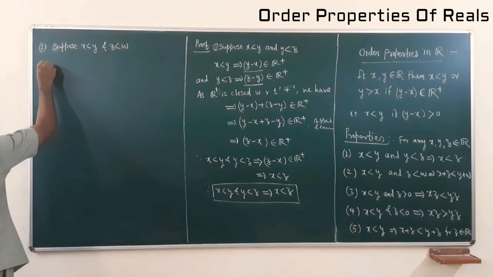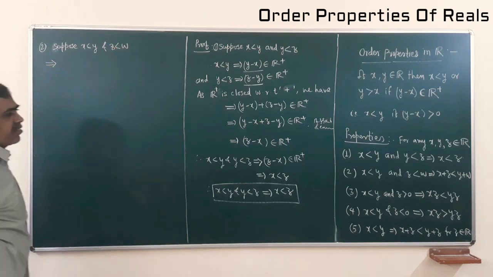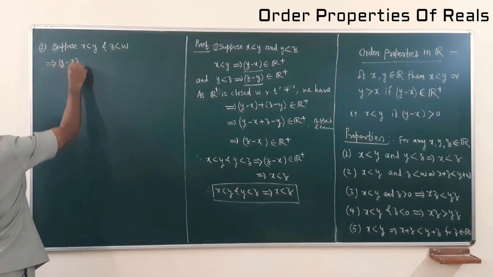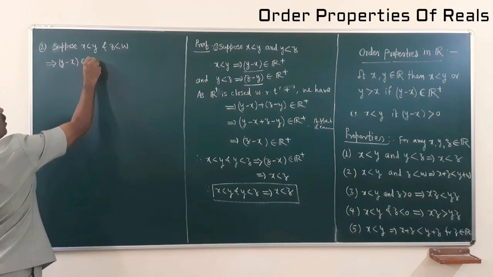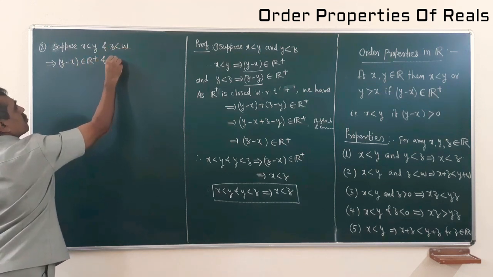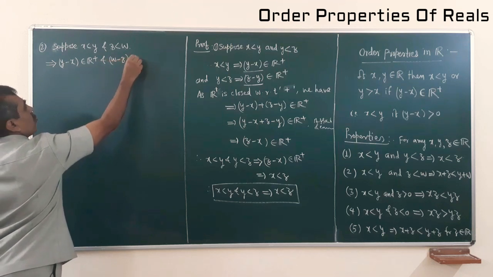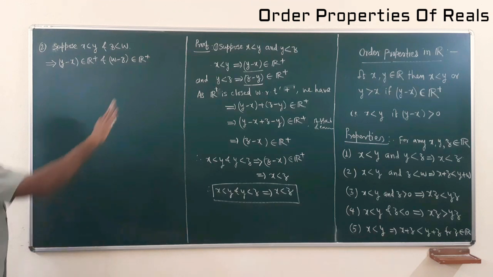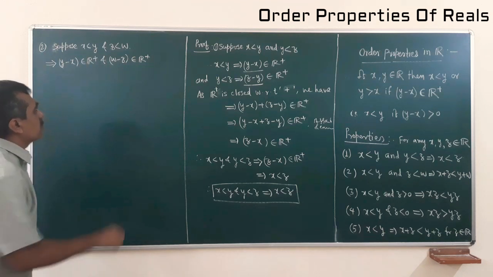This implies, x less than y means y minus x belongs to R plus, and z less than w means w minus z belongs to R plus, by definition of order relation.